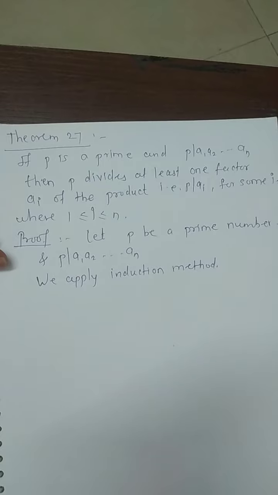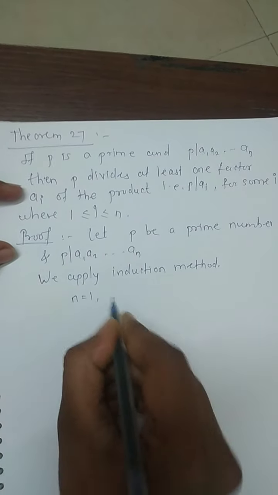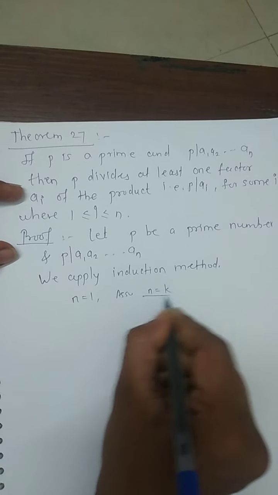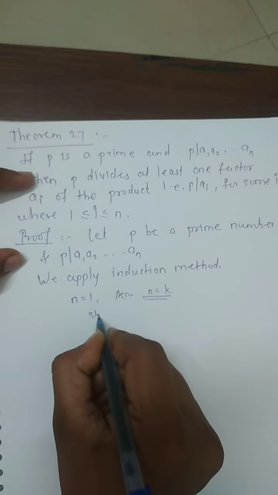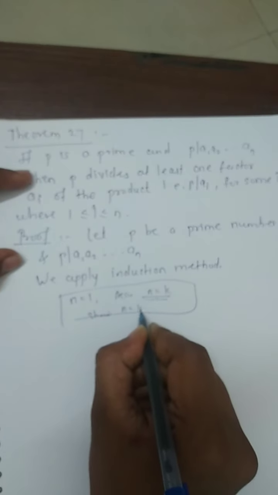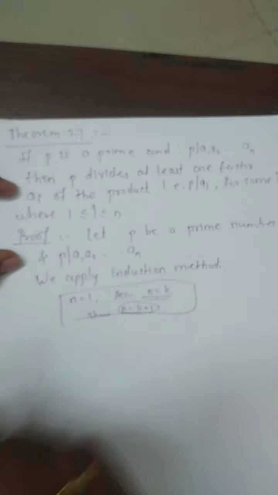Induction method means we prove the statement is true for n is equal to 1, and assume for n is equal to k this statement is true, and show that for n is equal to k plus 1, this statement must be true.